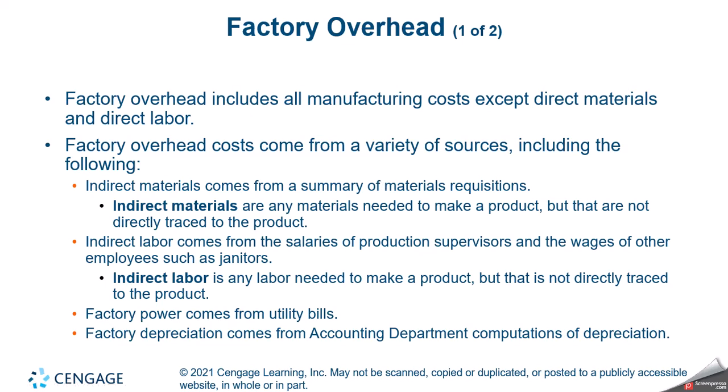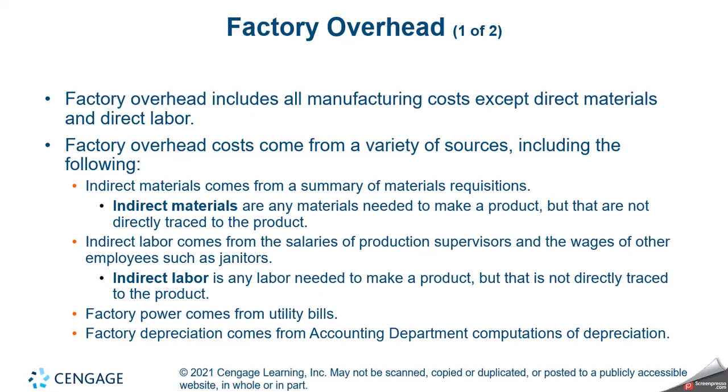Then now we get into the factory overhead. The factory overhead includes all of those other manufacturing costs. So like indirect materials, maybe we're using WD-40 in these products, or a whole bunch of screws, things that we don't trace directly into the products, but are more just used out on the production floor.